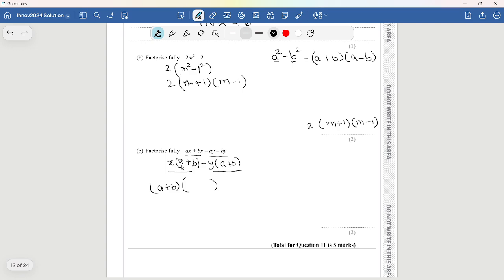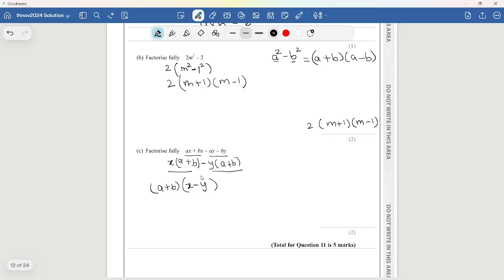From this term, we have only x remaining. From this whole term, we have y remaining with a minus sign here. So now I have factorized this expression fully as a plus b times x minus y.